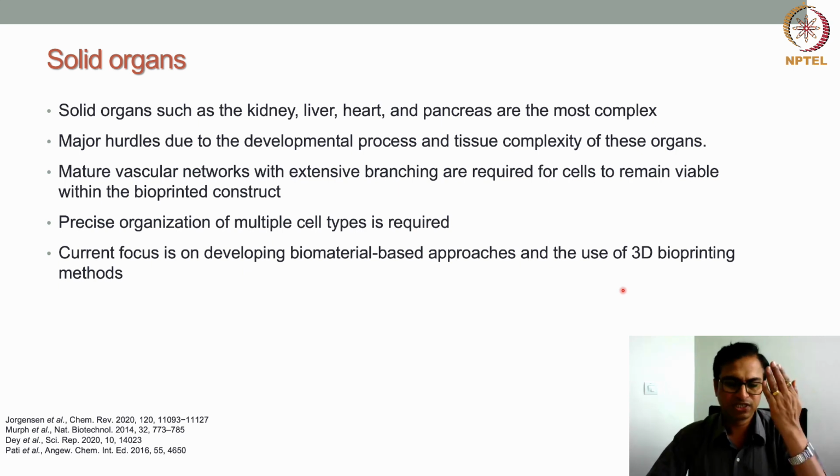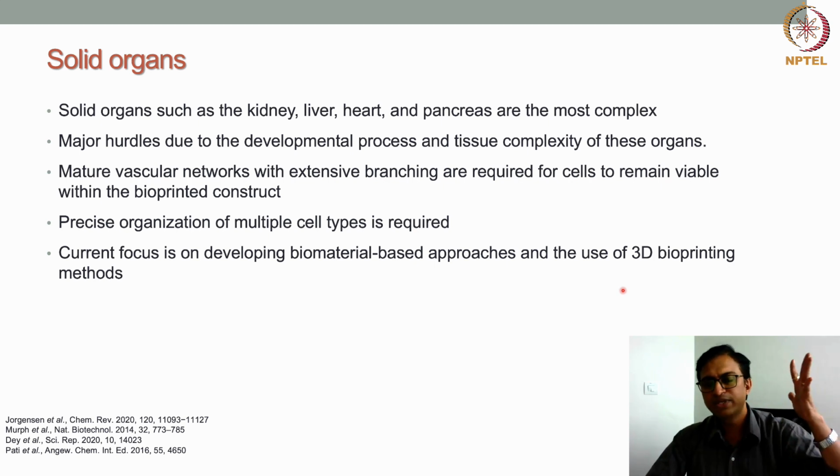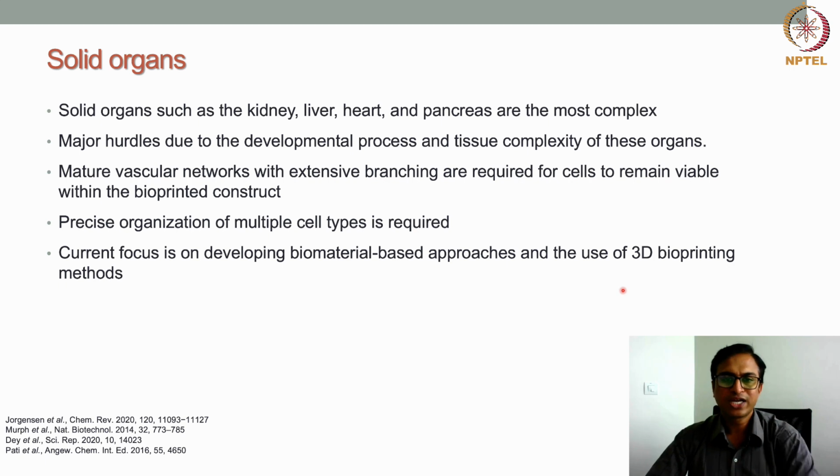There are various researchers working on this to generate artificial kidney, liver, heart, pancreas, because these organs are in high demand, and there are end stage failures of these organs, where many patients are basically waiting for transplants. Many patients can be saved if we can develop these kinds of artificial tissues and organs.